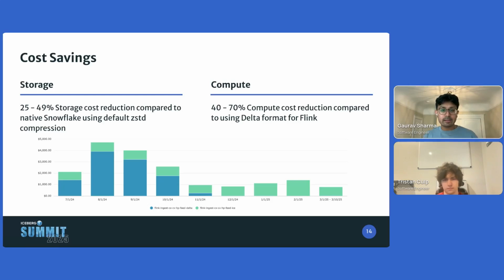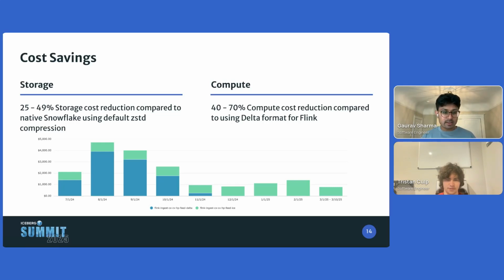And then another thing to highlight here is the compute cost reduction compared to the Delta format, right? As I had mentioned before, we actually had to over provision our Delta jobs due to some issues with the Delta Flink connector, and because of that, we incurred higher compute costs.